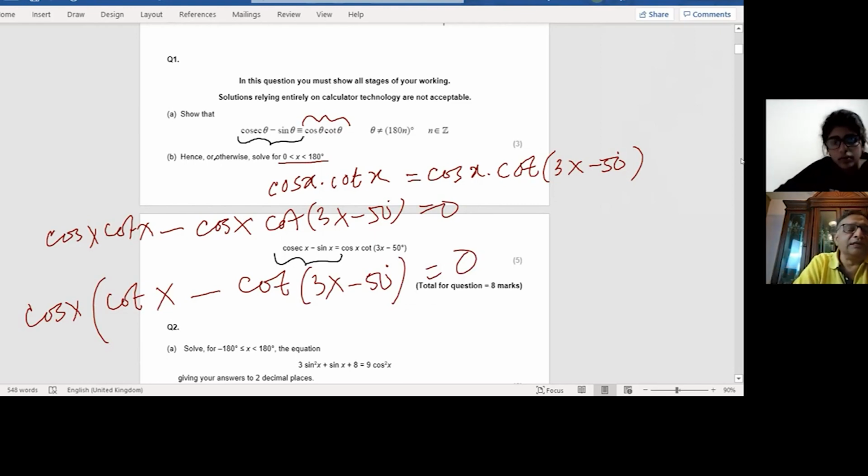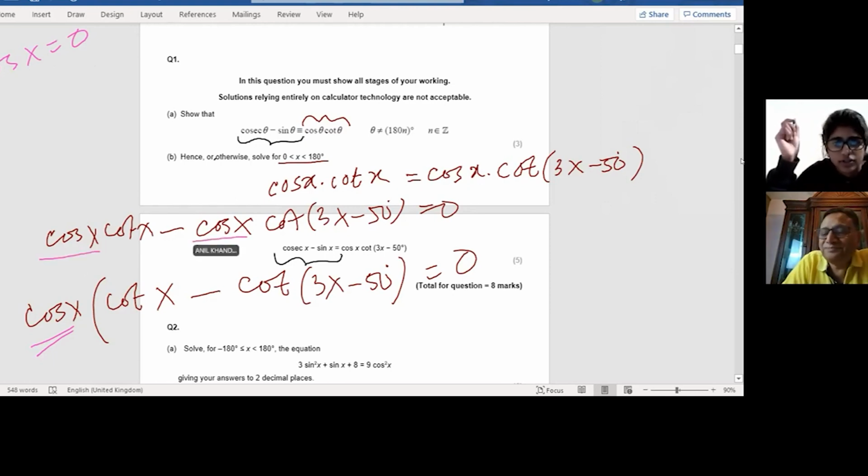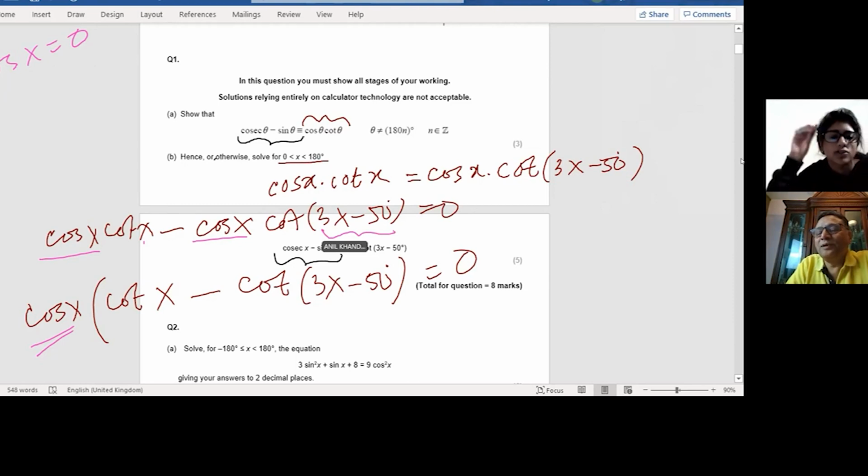One of the solutions is that cos x is equal to 0. Wait, a quick question. How come you chose to take cos x out? Is it because it's a common factor? Yes, cos x is common, and cot x and cot of 3x minus 50 are different.